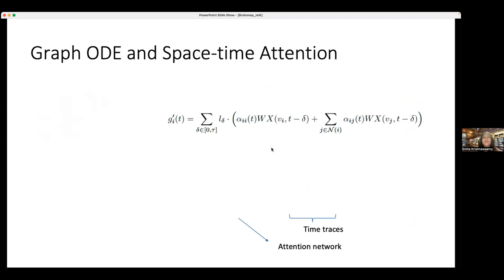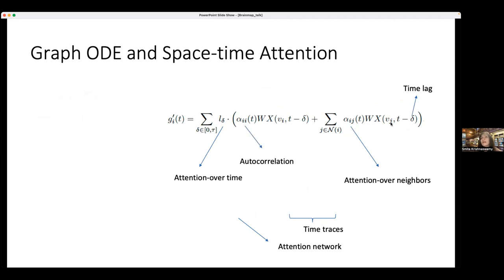So in order to do this, we had to design a very specific kind of attention. This was attention over time that allows you to accumulate effects. And so you're paying attention to your neighbors, which could be upstream regulators over a time lag. And there's autocorrelation. There's already some amount of the substrate of the present network built. And it also supports hysteresis.